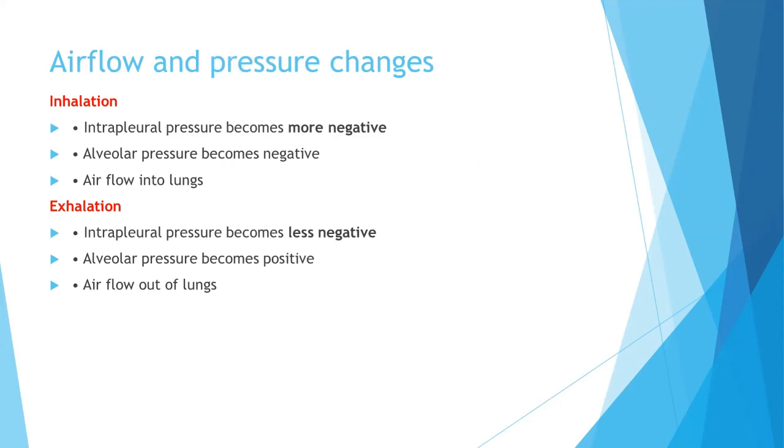Inflation is when the intrapleural pressure becomes more negative, the alveolar pressure becomes more negative and air flows into the lungs. Exhalation is when the intrapleural pressure becomes less negative, the alveolar pressure becomes more positive, and the airflow comes out of the lungs.